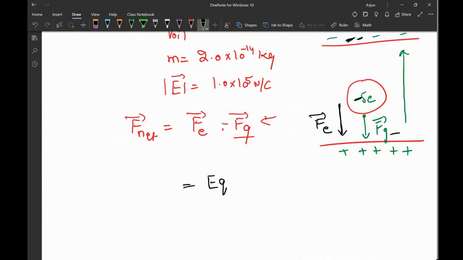Fnet is equal to Eq minus Fg. This will also be negative because it's acting in the downward direction, mg. I'm just going to place the values from the question now.